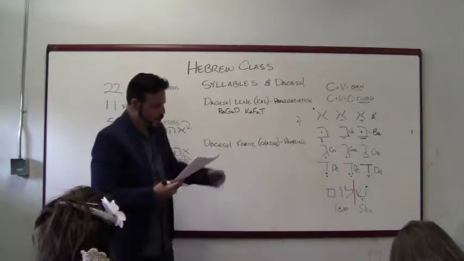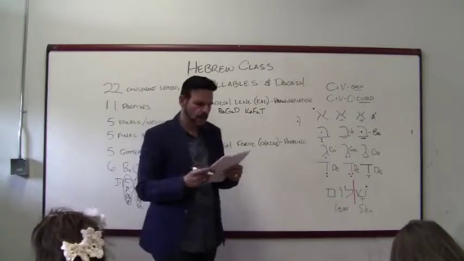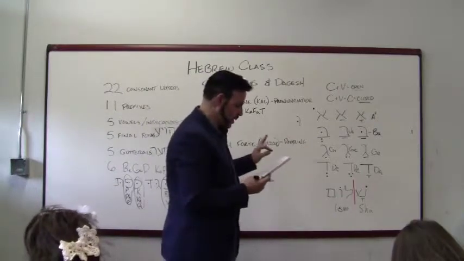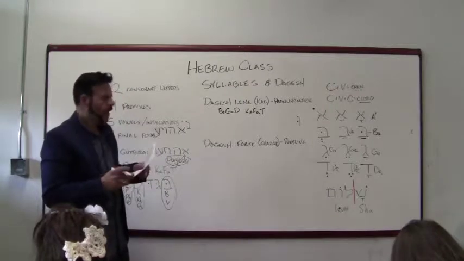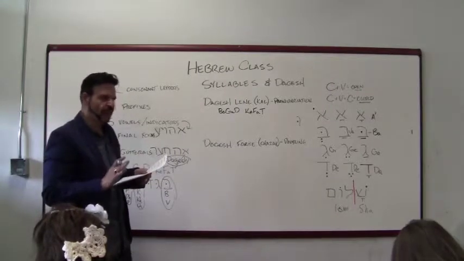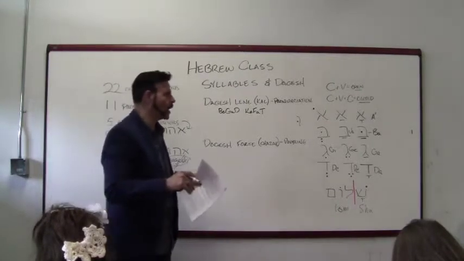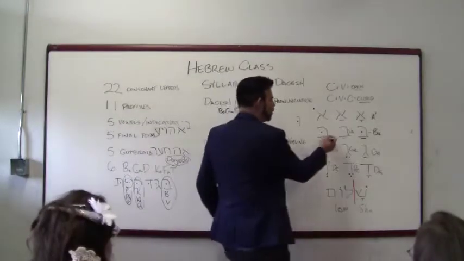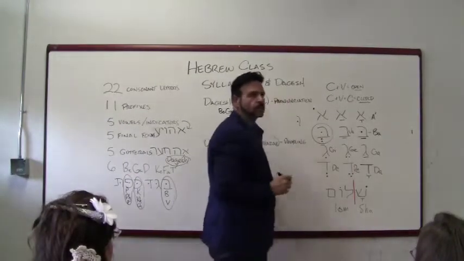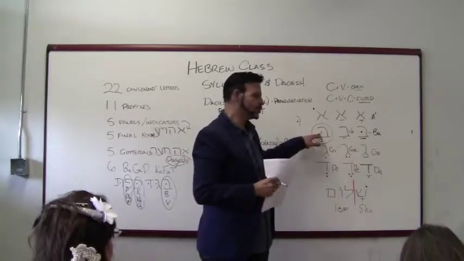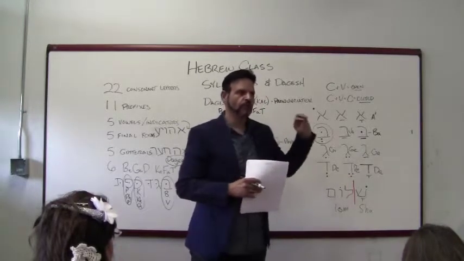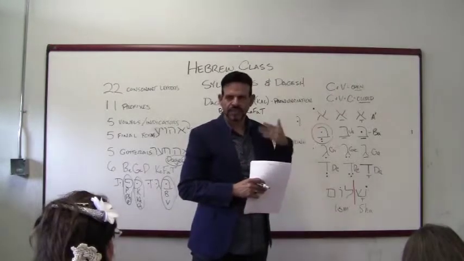So that's an acronym. When does one of the BeGaD KeFaT letters permit a Dagesh lene? So there is a special way to know if it's a Dagesh lene. Number one, as I said earlier, if it's in the beginning of a word like Bereshit. What that means is this is not going to refer to the doubling of a letter in the beginning of a word. You don't double a B in the beginning of a word. It just doesn't make any sense.